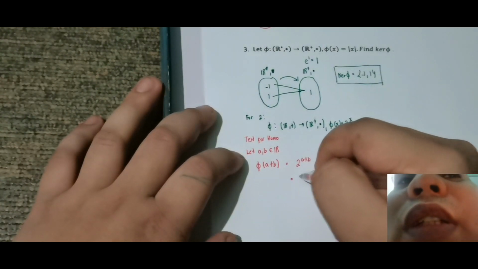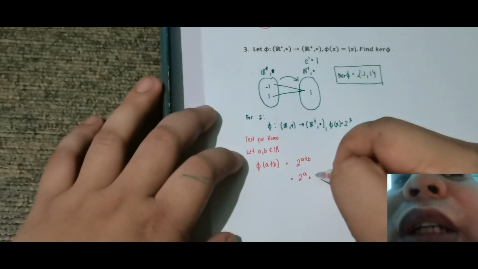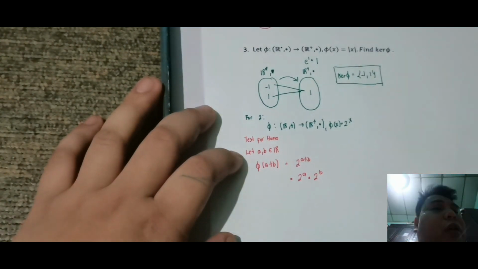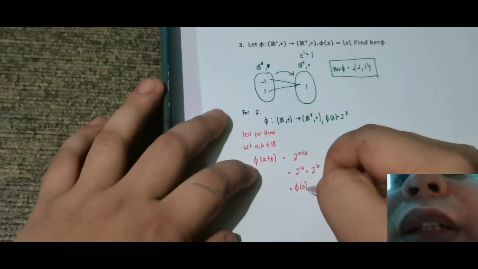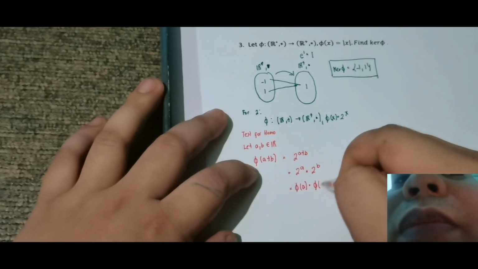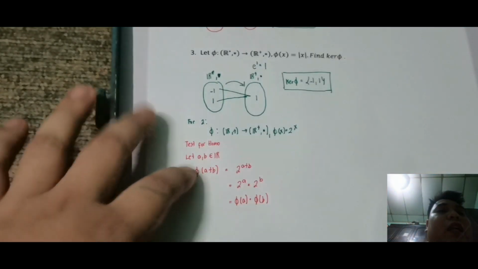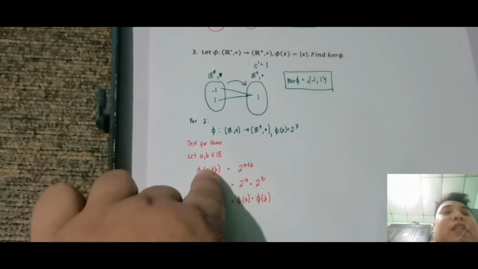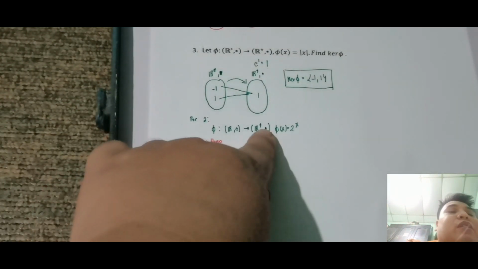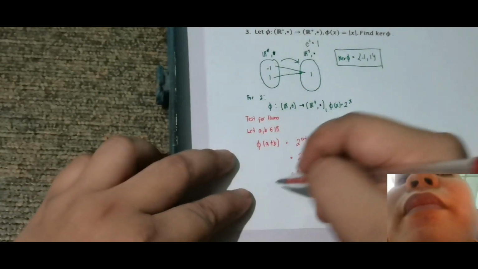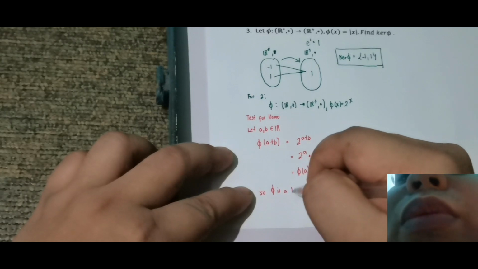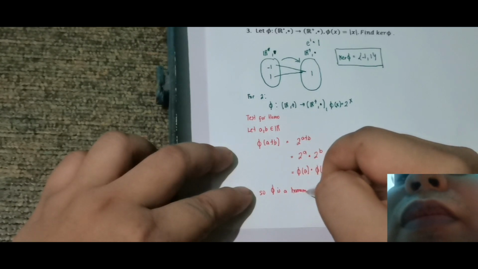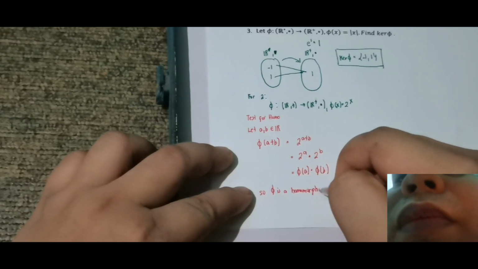So this is just equal sa 2 raised to A multiplied by 2 raised to B kasi kaya kong paghiwalayin. Then this is just equal sa P of A multiplied by P of B. So tama naman kasi nangyari from plus naging multiplication kasi multiplication na. So obviously, P is a homomorphism.